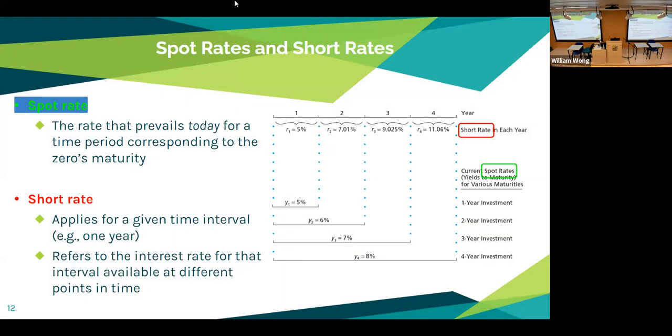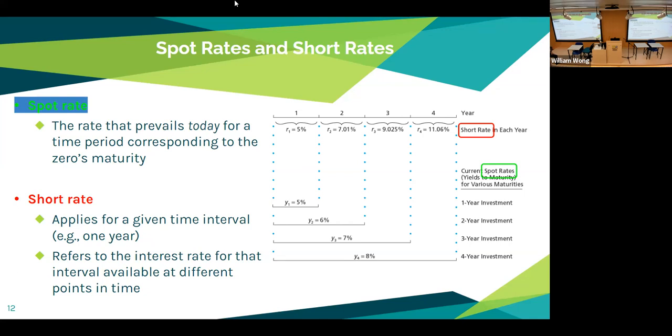So you can calculate all these short rates with this graph. So if you understand the logic for 2 years, so 1 year, the first year, the second year, if you understand that 5%, 7%, how come it's 6% here? 6% is 6% annual number. It is not 6% total, but 6% for first year, 6% for second year. So in this case, you can approximate the return. 6% equals to 12% total.